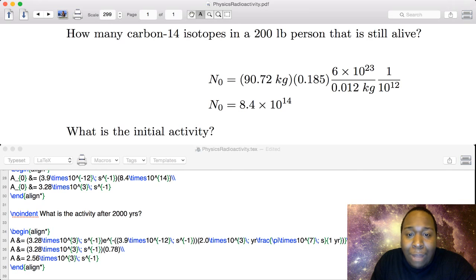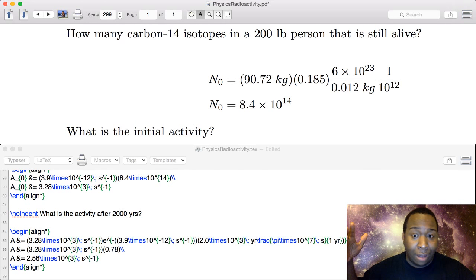So what we ended up doing is we took 200 pounds, converted that weight to units of mass to get 90.72 kilograms for a 200-pound person, and then we multiplied that by 0.185 to take into consideration that only 18.5% of the mass is actually in the form of carbon. And then I just assumed in that instance that mostly all of that mass is carbon 12.